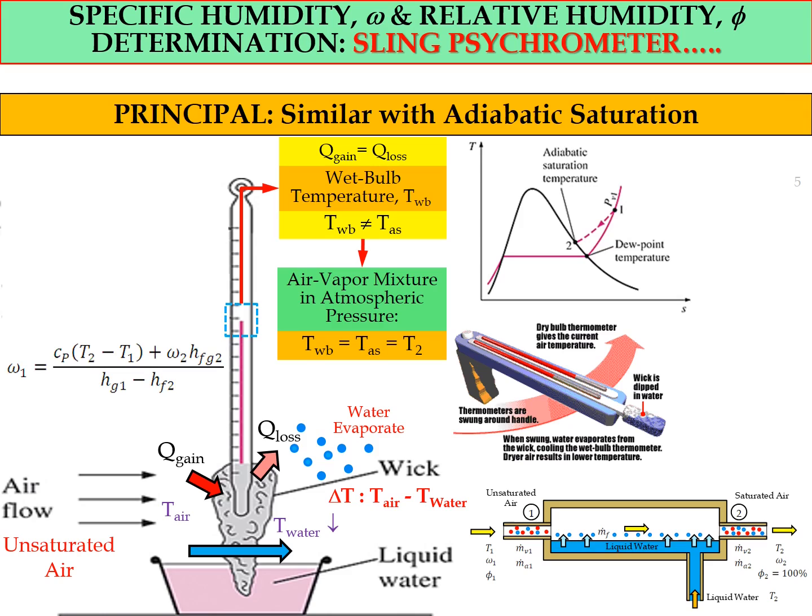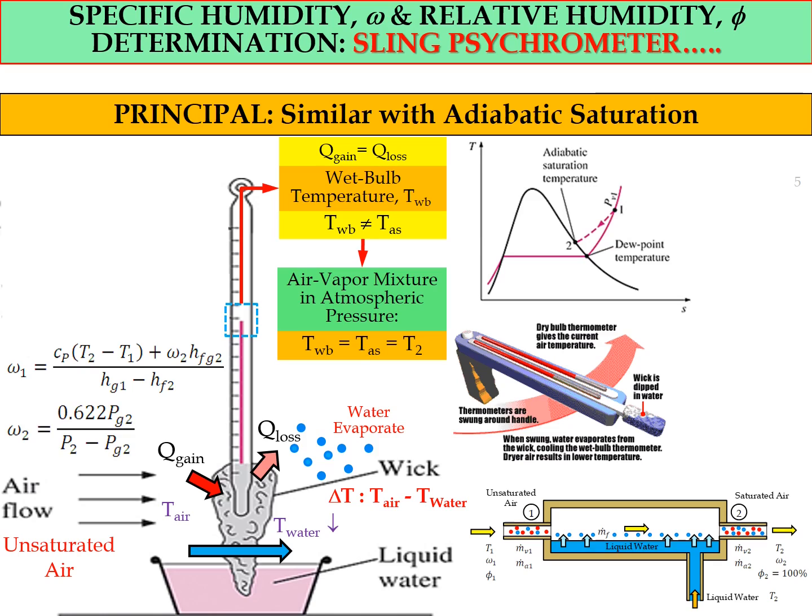If we look at the equation that we derived from the adiabatic saturation process, we have omega equal to Cp multiplied by T2 minus T1, plus omega 2 hfg2, divided by hg1 minus hf2. The numbering is based on the inlet and outlet conditions of the adiabatic saturation device, where number 1 represents the inlet condition and number 2 the outlet condition.